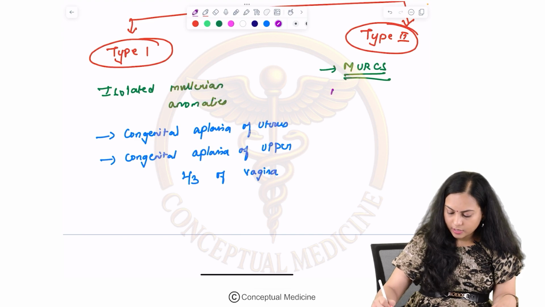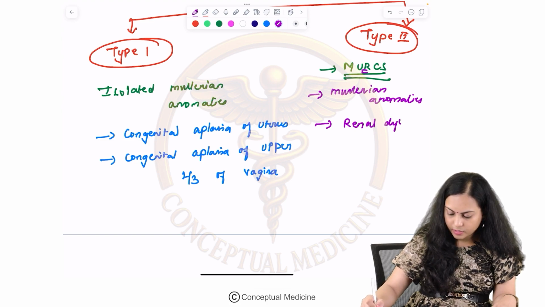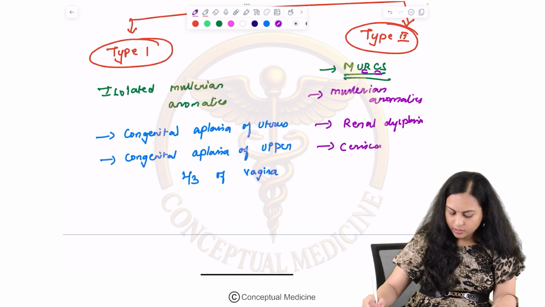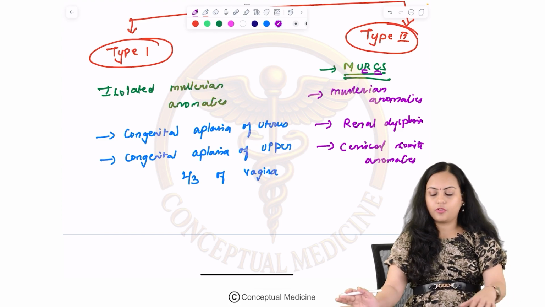That means you will have Mullerian anomalies, renal dysplasia, then CS for cervical somite anomalies, okay, and associated malformations.